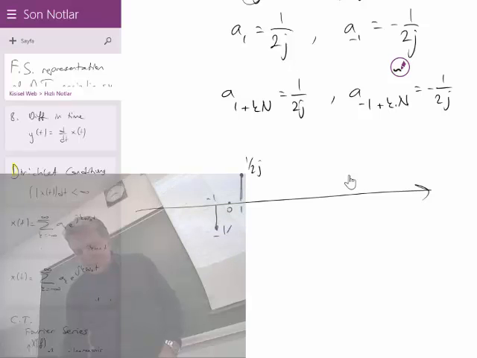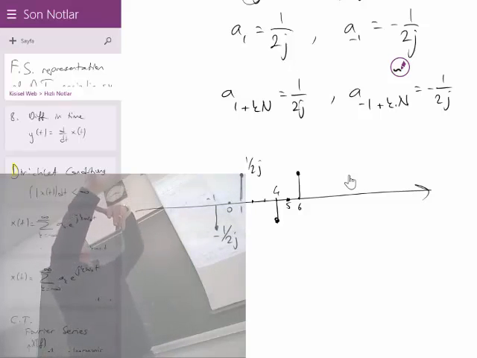At minus 1 it is minus 1 over 2j. 2, 3, 4, 5. So 5 is like 0, and then all the pattern repeats itself, which says that at 1 before 5, which is 4, you have this, and 1 after 5, which is at 6, you have this. So these two positive and negative things are repeating themselves at periods of 5.